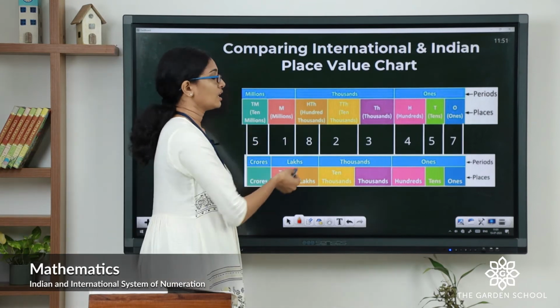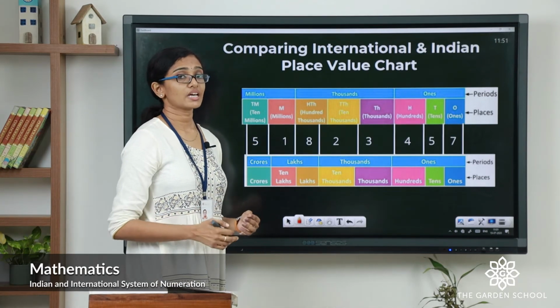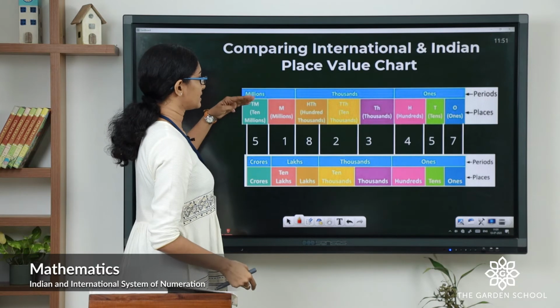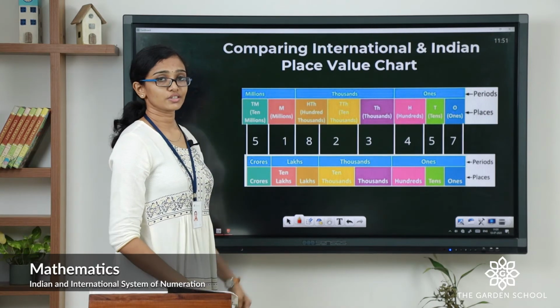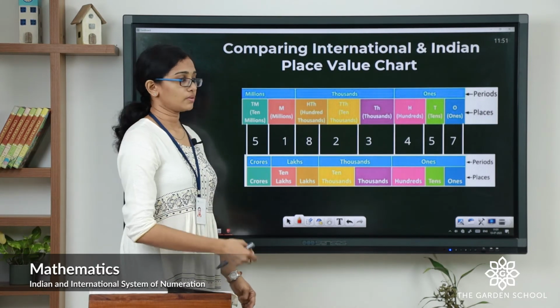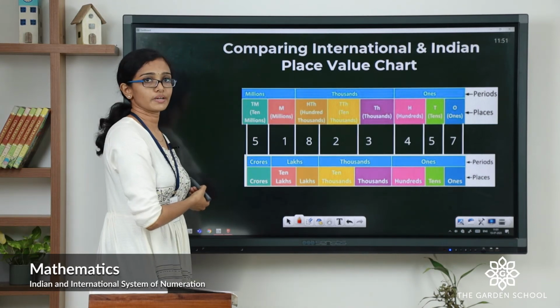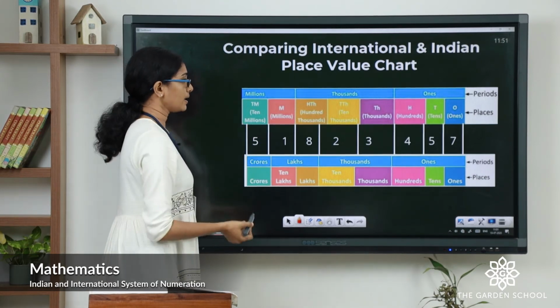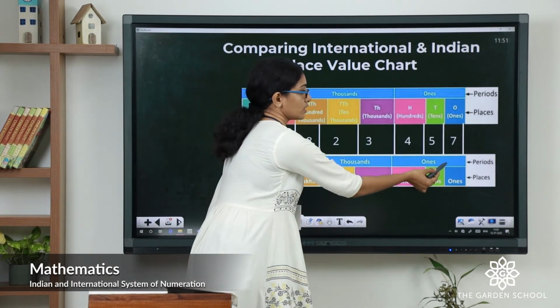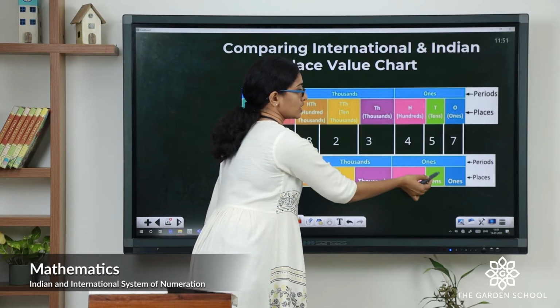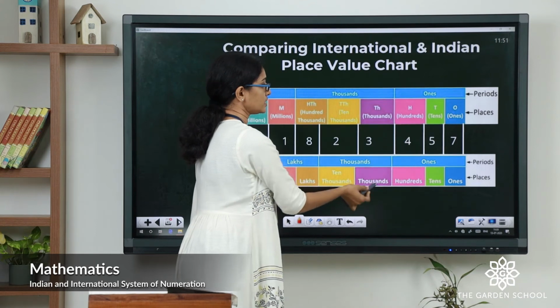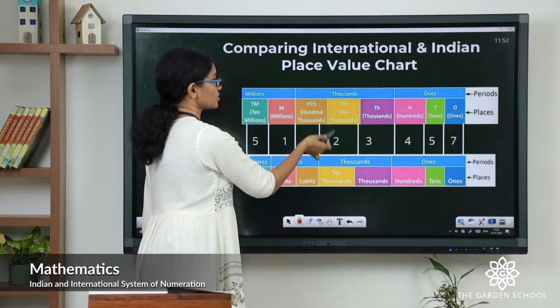Now, let's see how the place values are read differently in the Indian system and the international system with the same example. Okay, so this is the Indian place value chart. This is the international place value chart. It is the same number. So here 7 ones, 5 tens, 4 hundreds, 3 thousands, 2 10,000s.